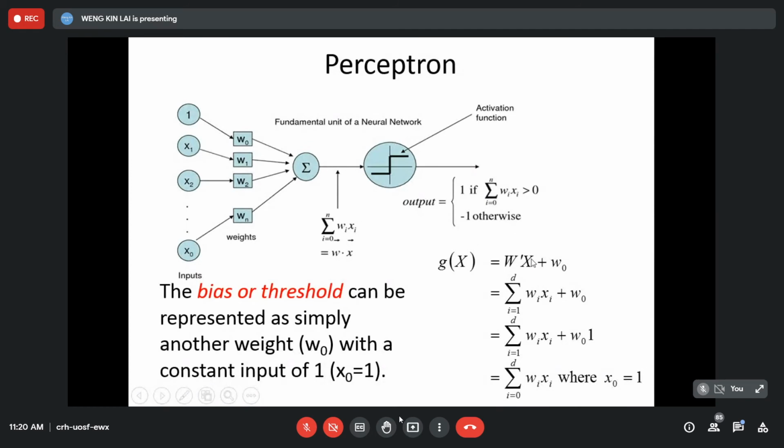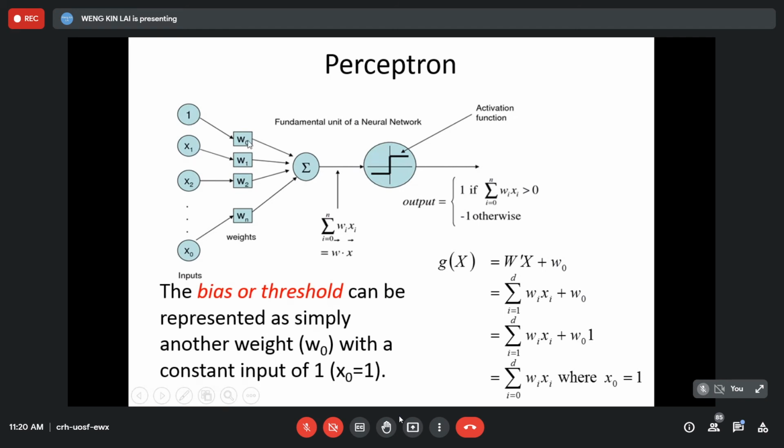Now, I want to also draw your attention to this representation of your perceptron. Notice here, instead of x1, there's a 1 here. So this is a different representation of your threshold, remember in the earlier example theta, which is your threshold. So the bias or the threshold can also be represented as simply another weight. This weight is actually W0, right? Tied to the constant input of 1.